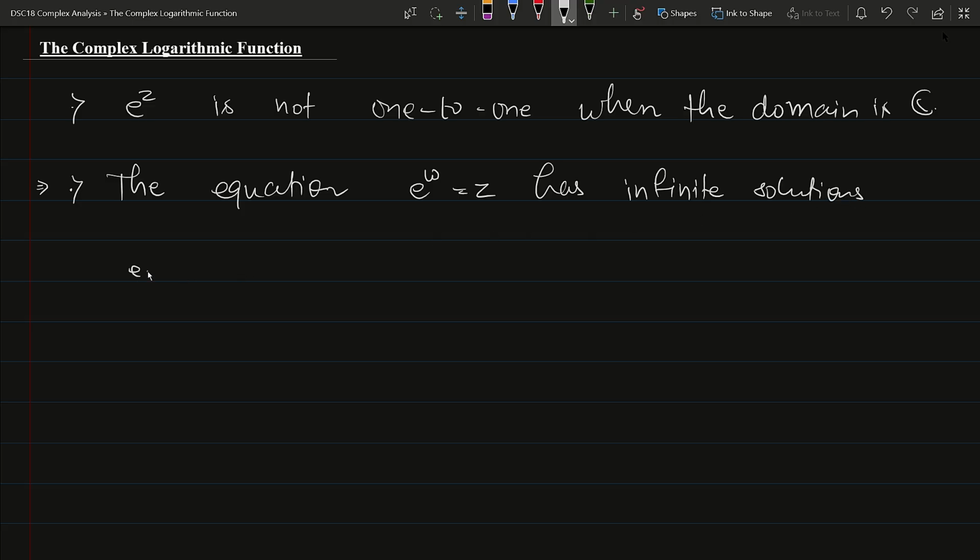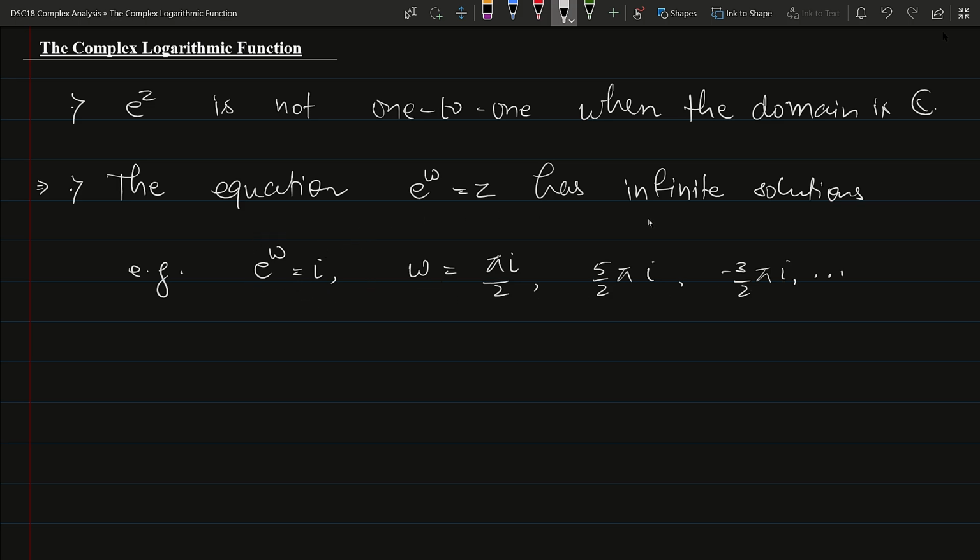Okay, for example, if I say e to the power w equals iota, then we may have w equals pi by 2 iota, then we may have 5 pi by 2, then we have minus 3 pi by 2, and like this. Okay, so these kind of values for w will be solution of this equation.